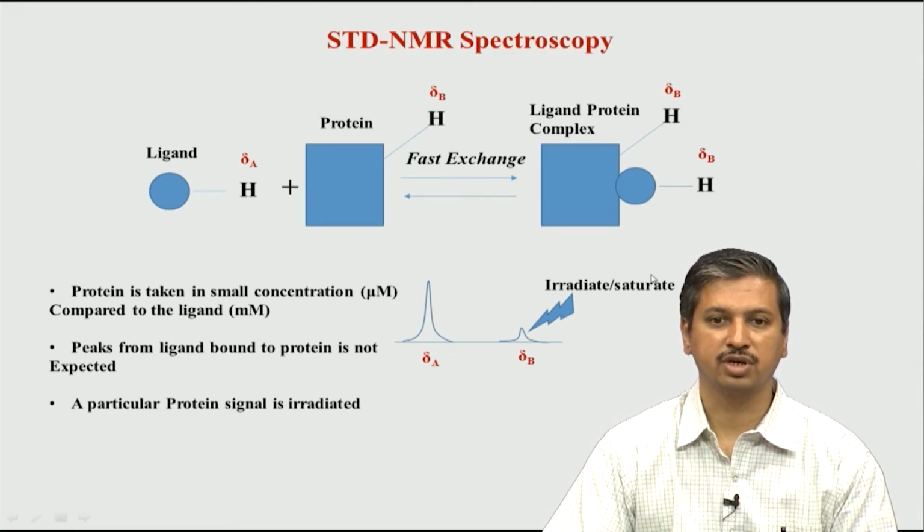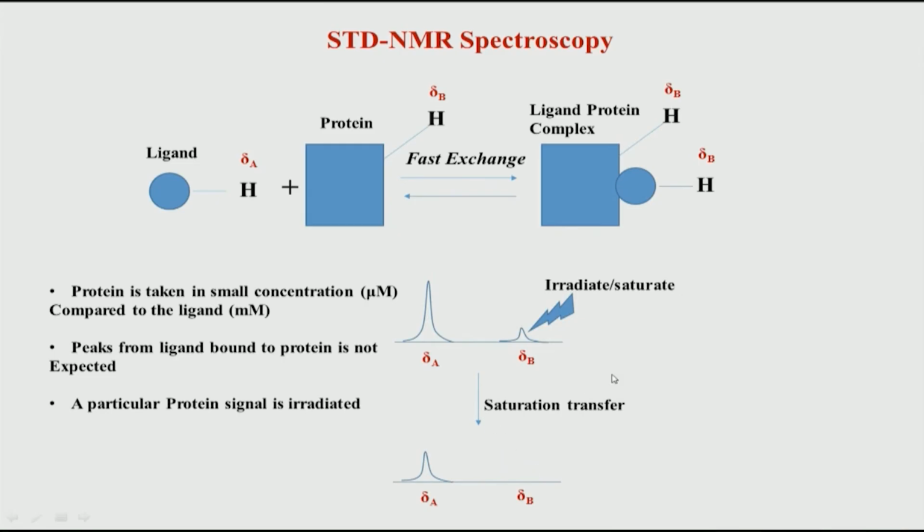So, the spectrum will now look something like this. After saturation has transferred, the protein has gone to 0 because we have completely saturated the protein, but the free ligand signal is also decreased. And why is the free part decreased? Because it is exchanging with the bound form.